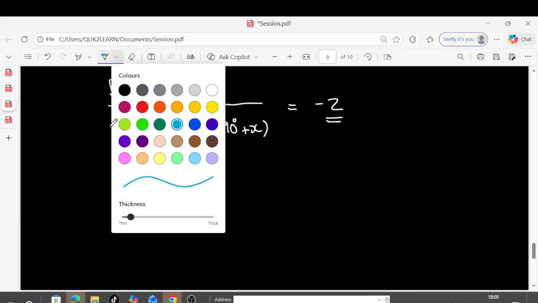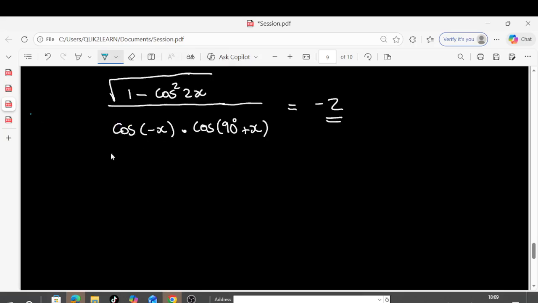Now, remember that we have an identity that says the sine squared of theta plus the cos squared of theta is equal to 1. So now look at this. 1 minus cos squared 2x is the same as the sine squared of theta.